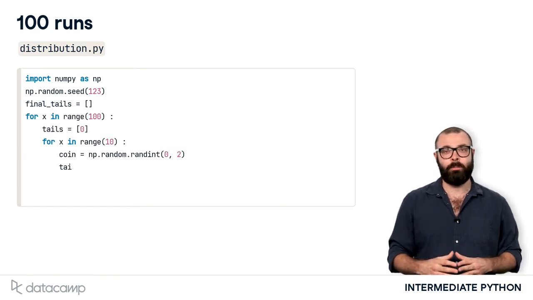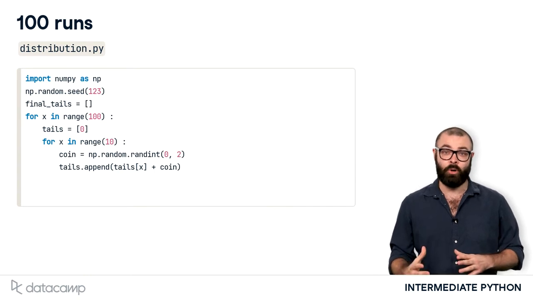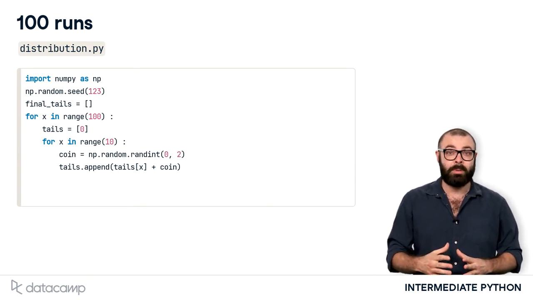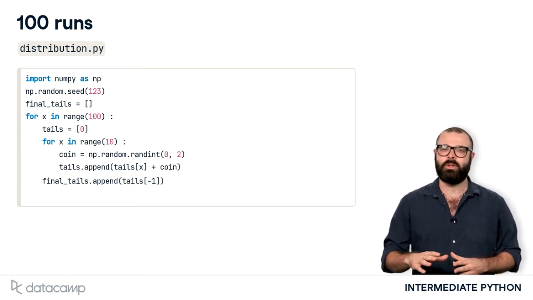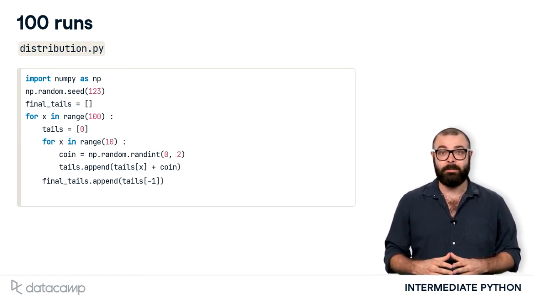Let's write a for loop that runs 100 times. Inside this for loop, we put the code from before that gradually builds up the tails list. After simulating this single game, we append the last number, so the number of tails after tossing 10 times, to the final_tails list. Notice that the indentation here specifies that this last line is part of the top level for loop.